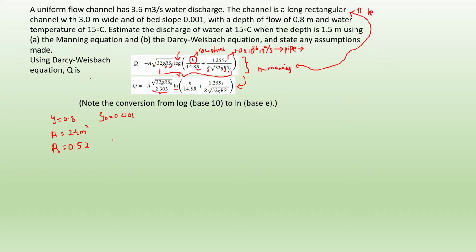Since the equation is quite long, I hope I can show you my best. V is equal to the square root of 32 times 9.81 times R, which is 0.52, times 0.001. All this term is square rooted.